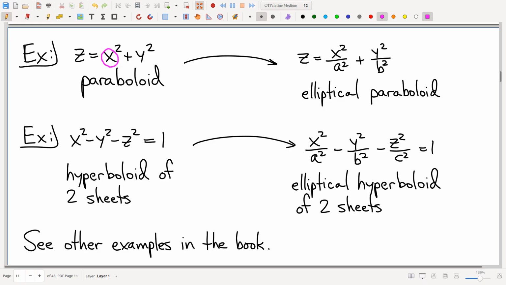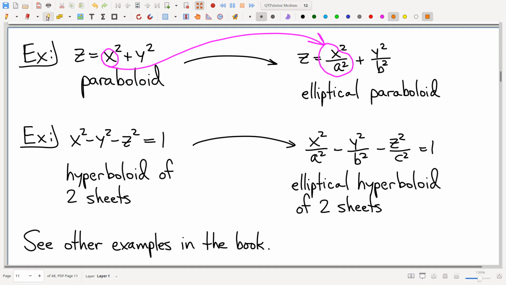A lot of people look at this and think, oh, I'm replacing x. It looks like I'm dividing by a squared, right? But nope, that's not right. We are not dividing by a squared.